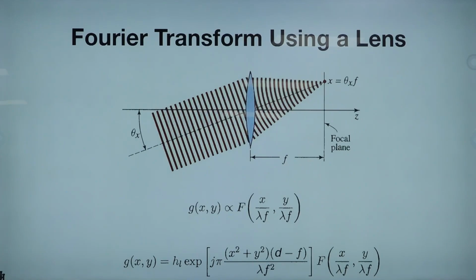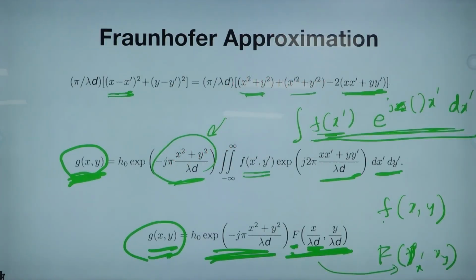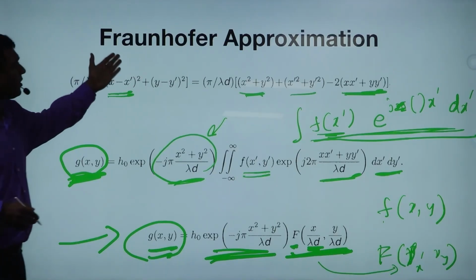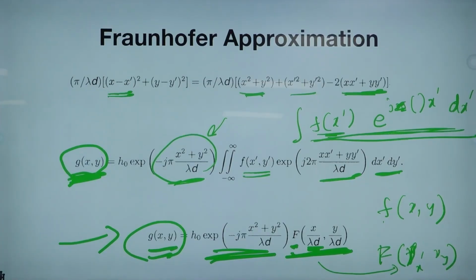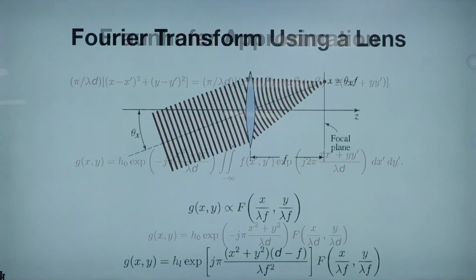So this is one way to think about how a Fourier transform actually happens. We have made this Taylor series kind of approximation, and under this specific approximation, which is called the Fraunhofer approximation, light performs a Fourier transform.